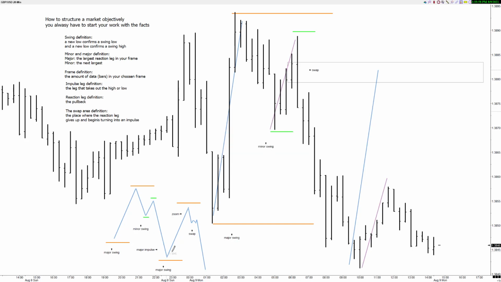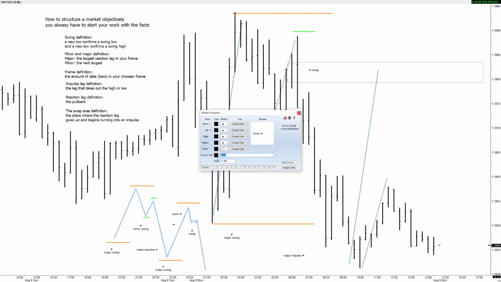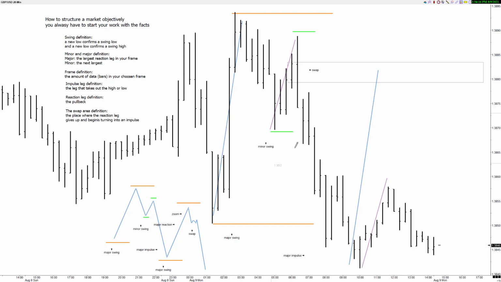We have major impulse and major reaction leg.